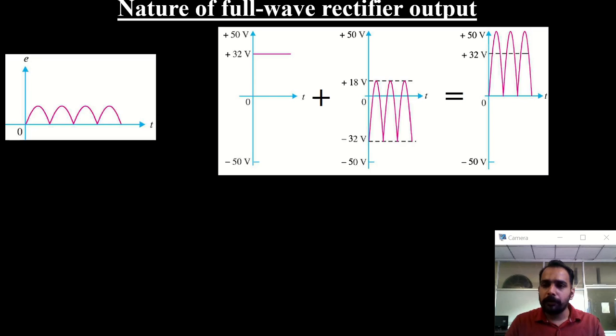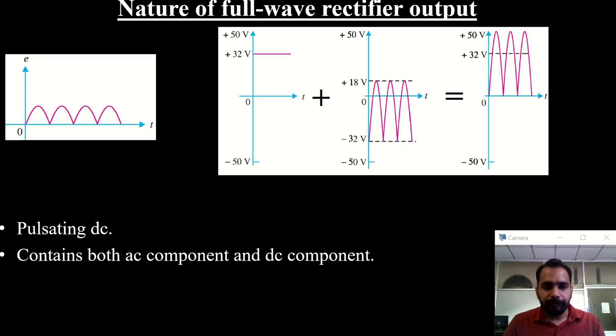That means the output is not a constant voltage; it varies from 0 to the maximum peak input voltage Vm. This pulsation has to be avoided.